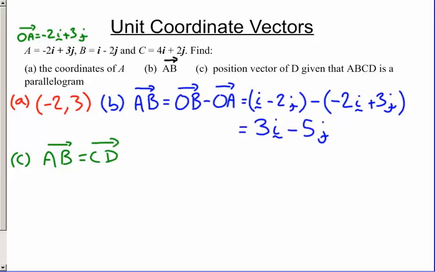But we also know that AD is equal to BC. We've got these two pairs in our parallelogram.